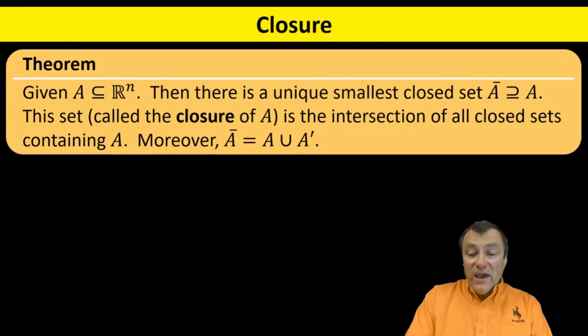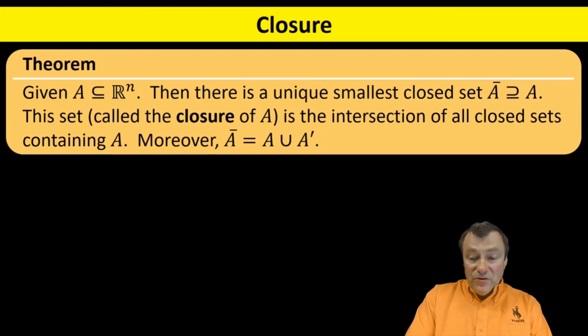Or if you just take A union the limit points of A, does that already give us closure? Does it give us a closed set? This theorem says yes, we can stop with A union the derived set of A. And that's already a closed set, so it's the closure of A.